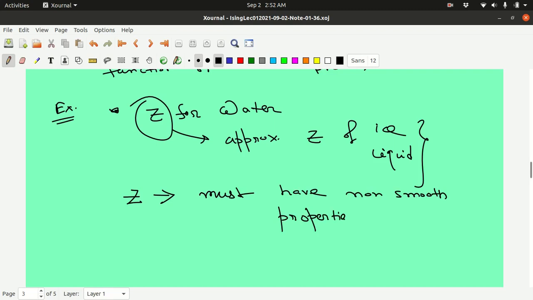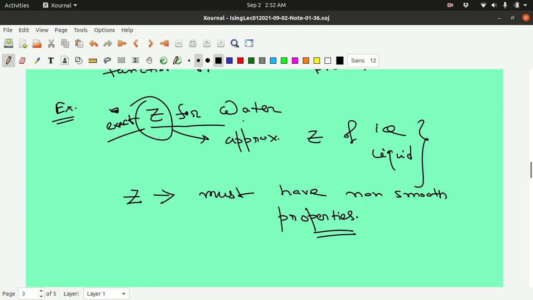Why is that? Because if you have an exact partition function for water and you want to approximate it for ice and liquid, then going from water to ice you have some discontinuity, because you are going from one phase to another.